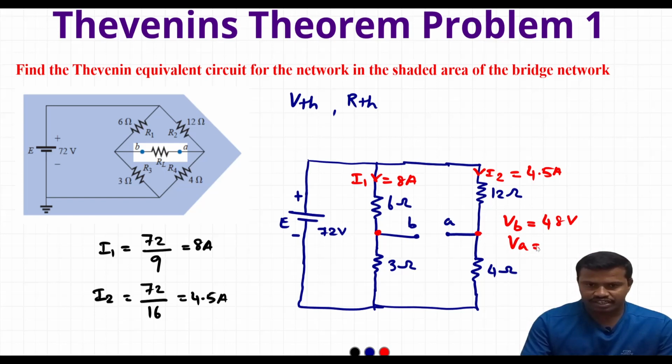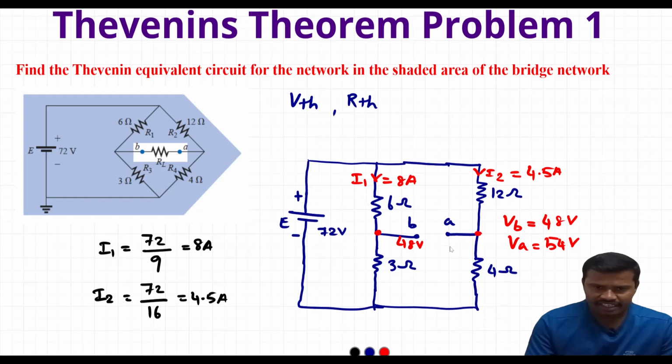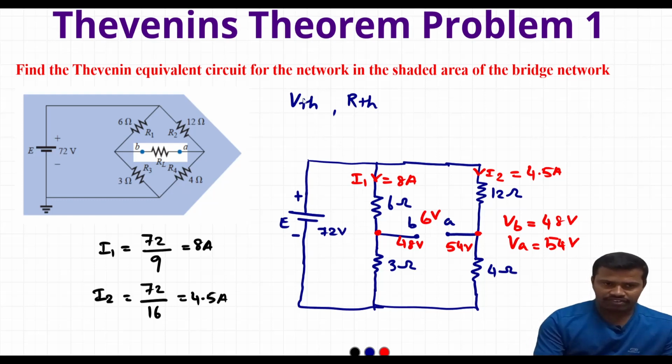So VA is equal to 12 into 4.5, which is 54 volt. So here 48 volt is available and here 54 volt is available. The difference, 6 volt, is the open circuit voltage, or the Thevenin's voltage. Now we have found the VTH value.